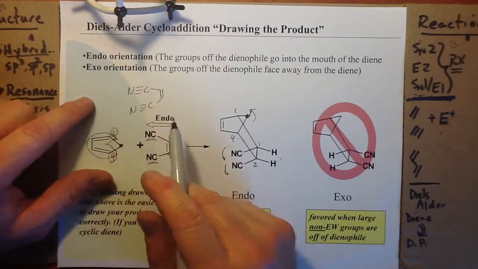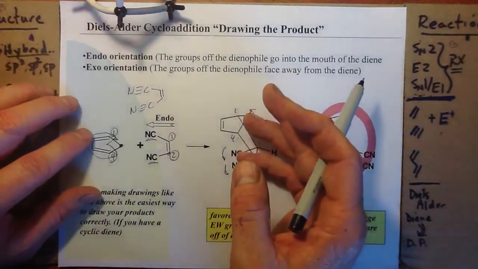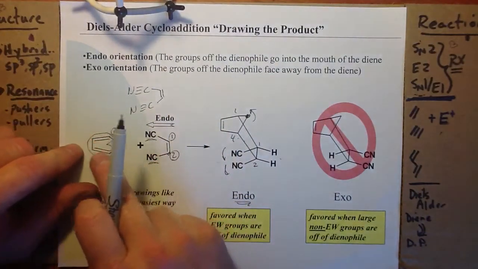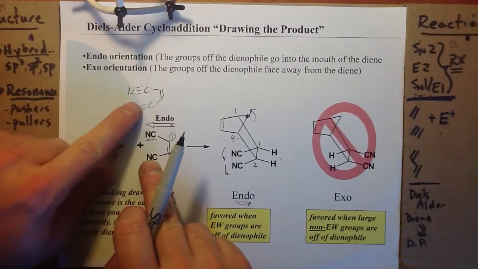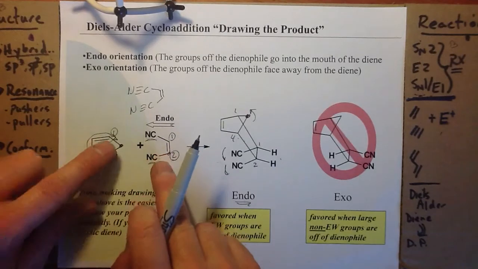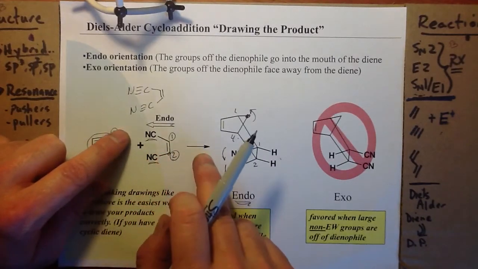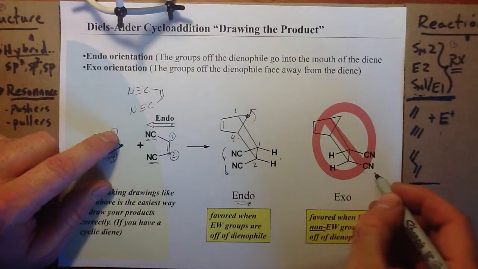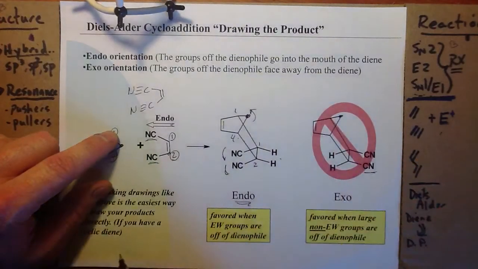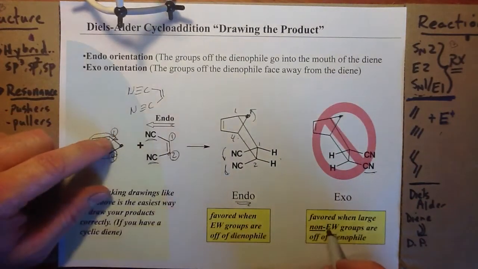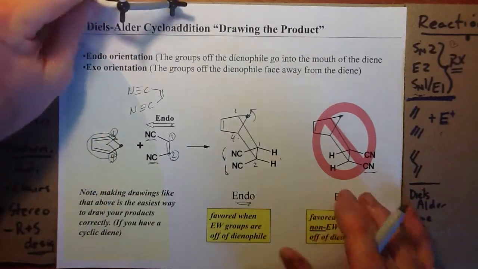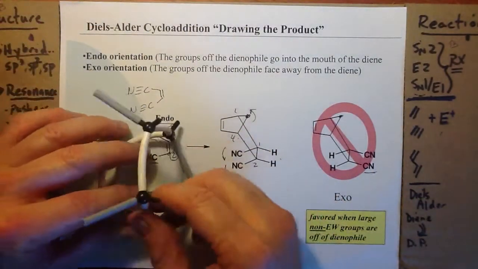Exo would occur if we had just big groups that don't have interaction with the diene. These would have some pi-pi interactions with the diene. If they were just alkyl groups, they'd be in the exo orientation, that is, closest to that bridging carbon. This is favored when you have large non-electron withdrawing groups. So let's look back again. We had our product.